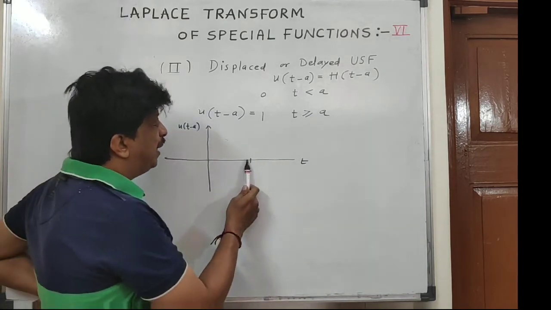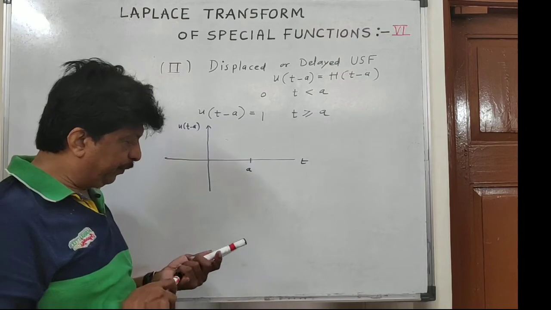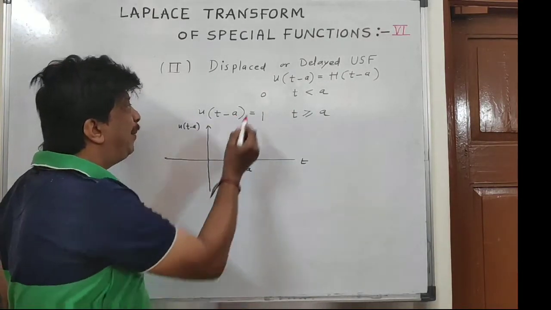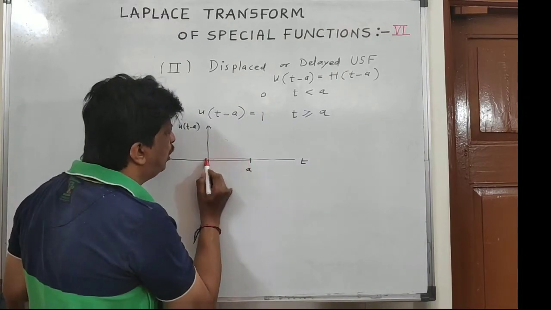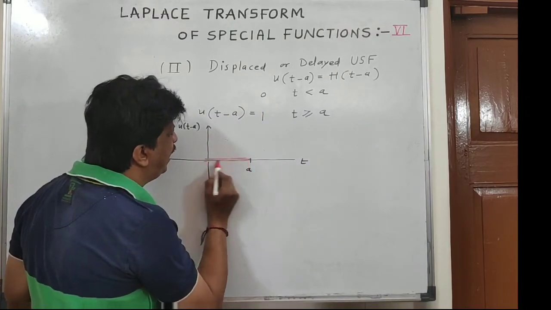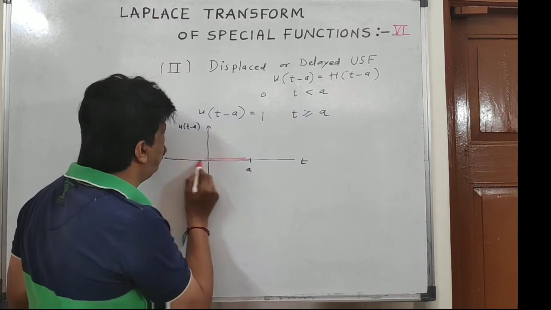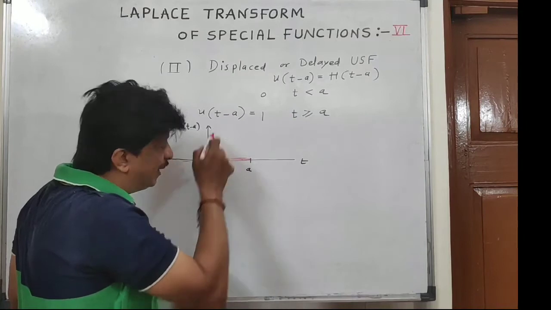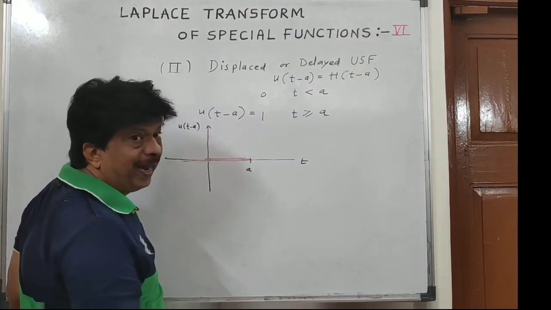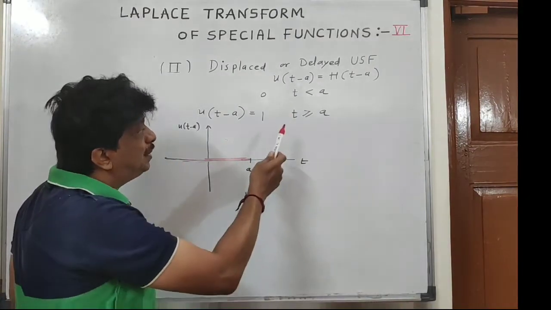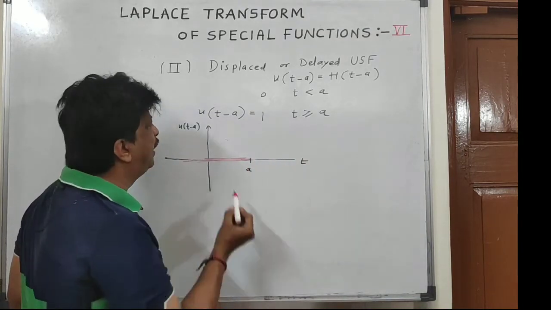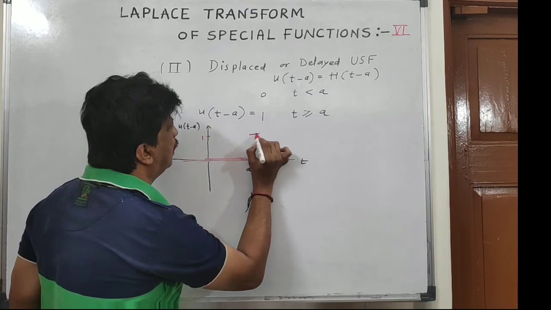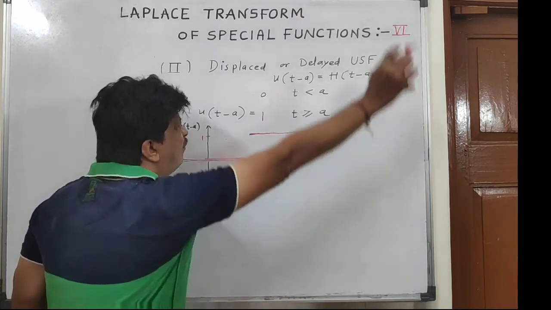Now when t is less than a, u of t minus a takes the value 0. So towards the left of this point a, t equal to a, the value of u of t minus a is 0. Whereas when t is equal to or greater than a, it takes the value 1, up to infinity.